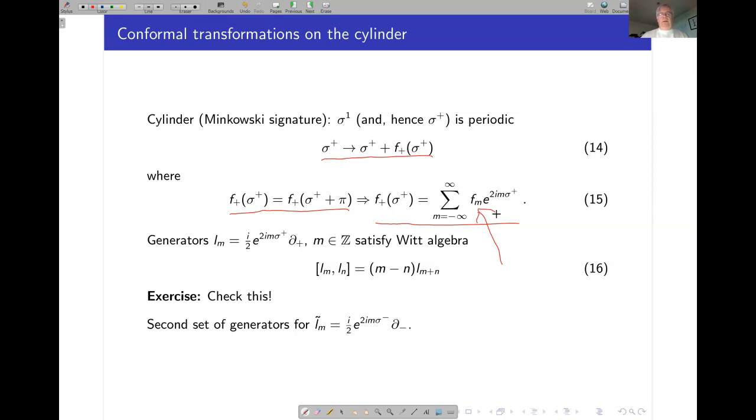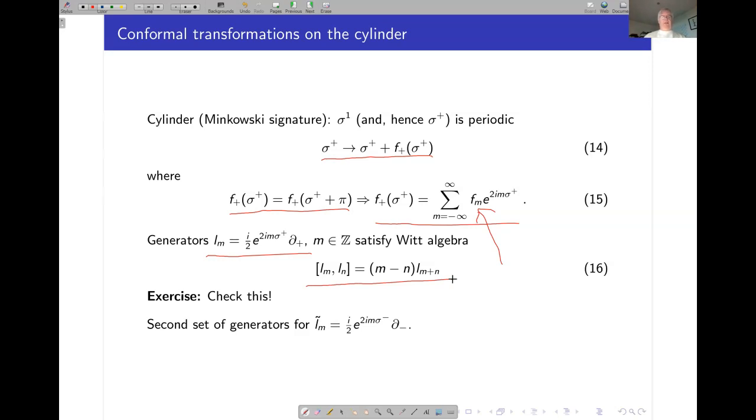Now, one way of thinking about these transformations is in the form of generating vector fields, and the generating vector field is this vector field L_m, which I write here. And if I take the commutator of these generators, I get an algebra, which is called the Witt algebra.